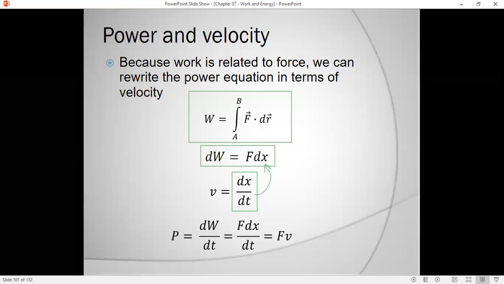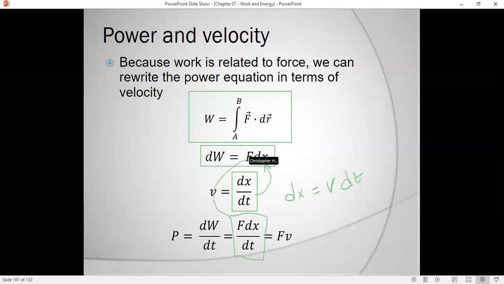So looking at this, dx is therefore equal to v times dt, right? Okay, so I'm going to make that substitution in there, and it becomes this right here.